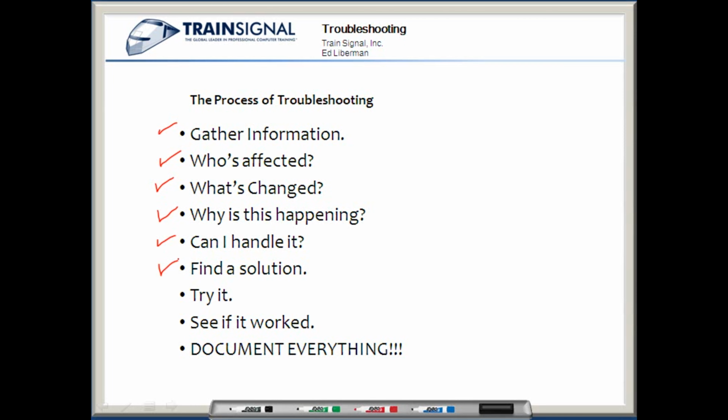If you're not going to escalate it, if it is something that you can handle yourself, find a solution. And I'll tell you what, this process of finding a solution is not necessarily a one-time shot. It's not a boom, well, here's the solution and we're done. No, here's the process. It's kind of a three-step process to finding a solution.